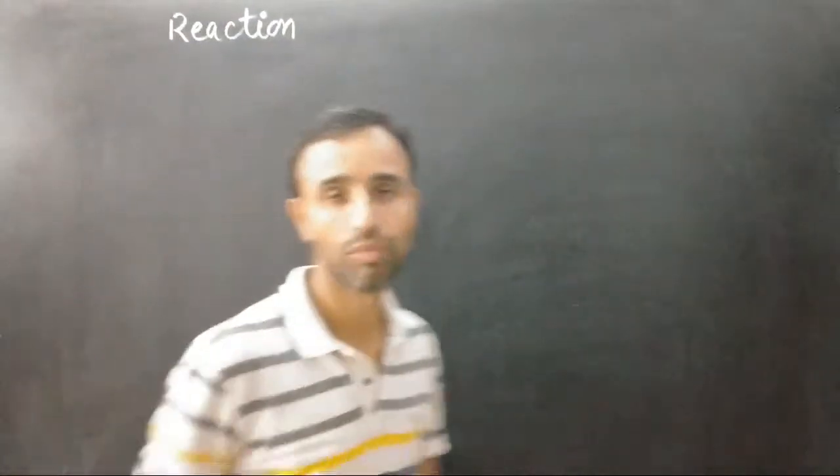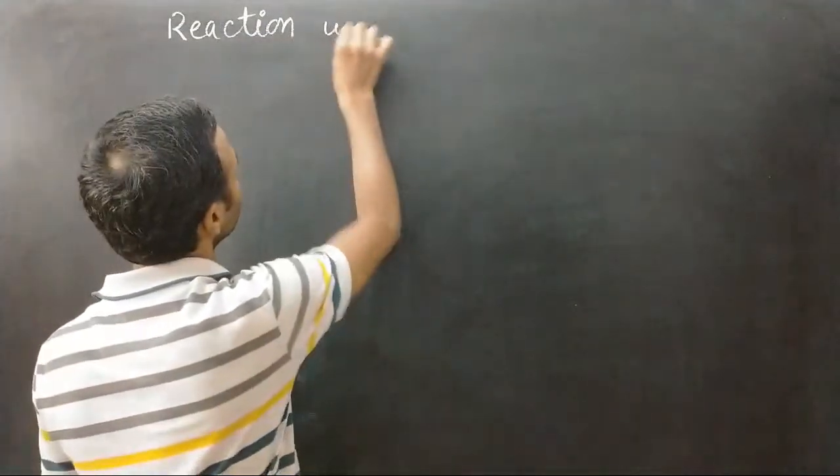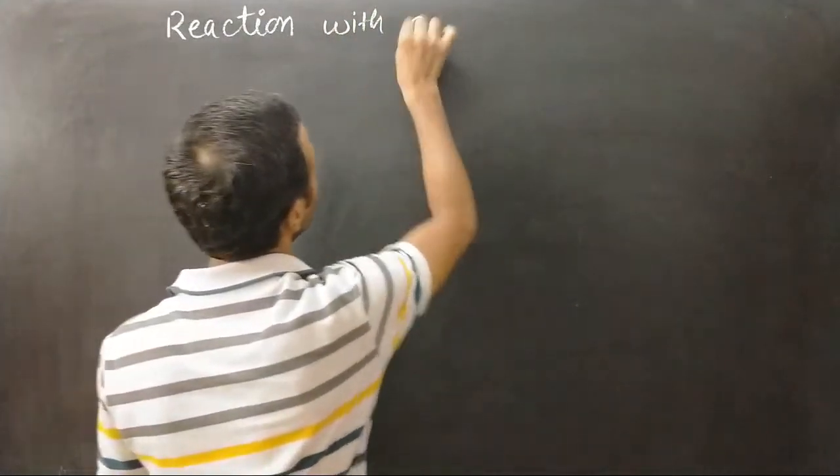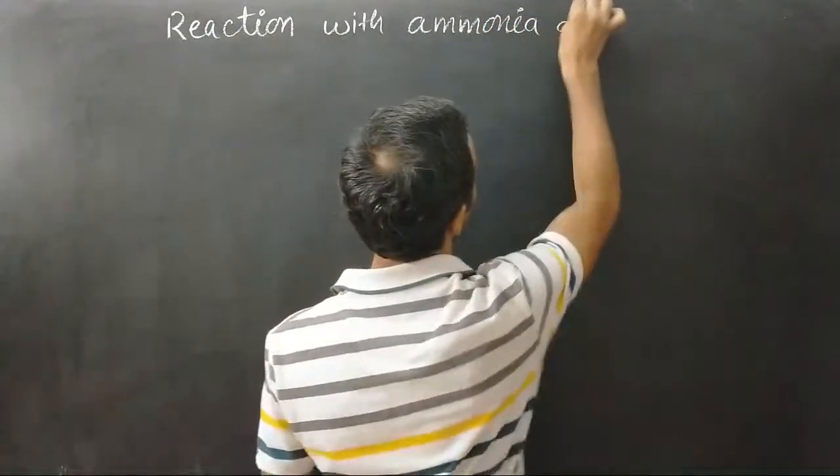So next is reaction with ammonia derivatives. We will continue the reactions of aldehyde and ketones. In that it is reaction with ammonia derivatives.